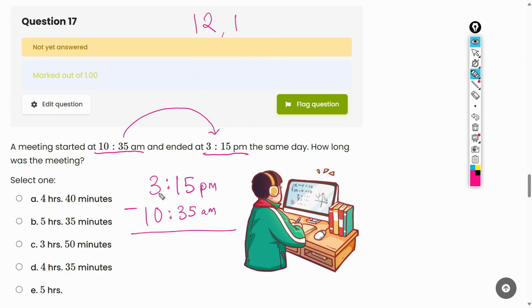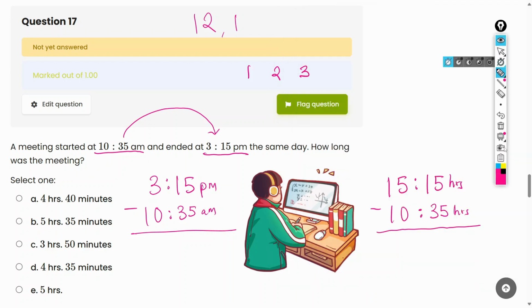So 3:15 p.m. would be 12 plus 1 plus 2 plus 3. So 12 plus 3, that's 15. So this becomes 15 hours minus 10:35 hours. 10:35 a.m. is the same thing as 10:35 hours.